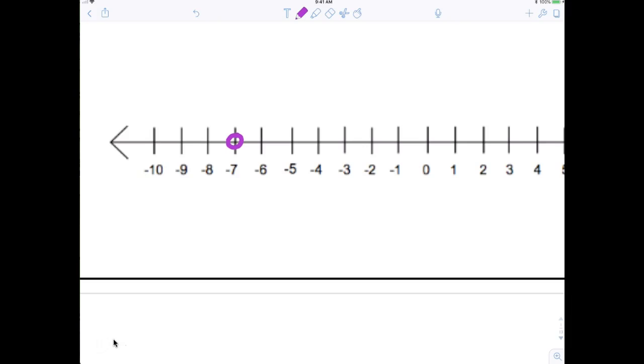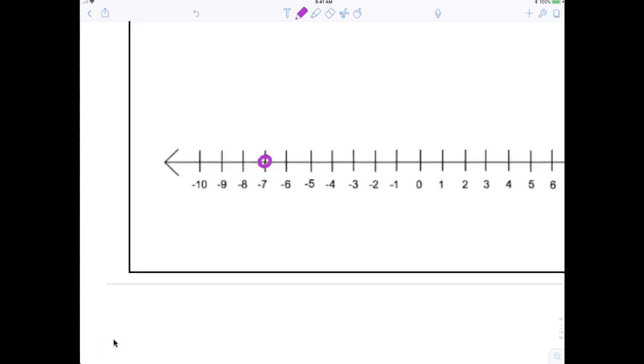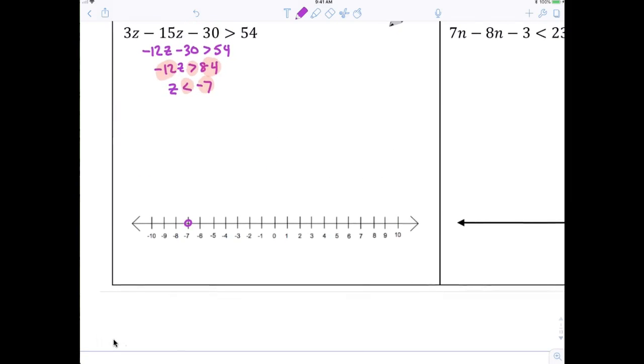And now we're going everything where? To the left or to the right? What is the answer? Less than -7. Where are we going? To the left. I'm going to the left. Is everybody happy with that?